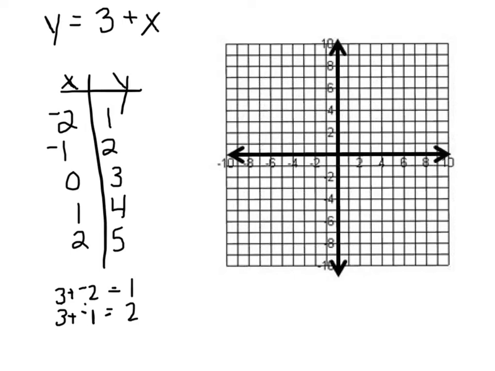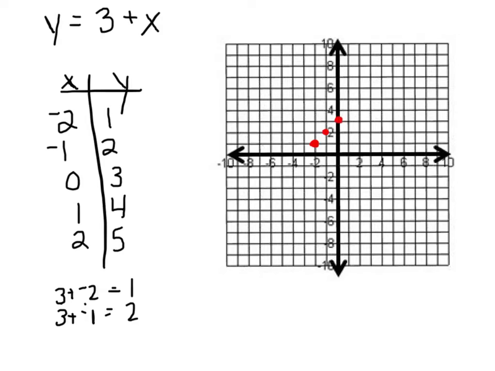So let's go ahead and plot these points. The -2, 1 tells me to go to the left 2 and up 1. So I will let that be my first point. My second point, it says -1, 2. So I go to the left 1, and then I go up 2. 0, 3 tells me basically just to go up 3.